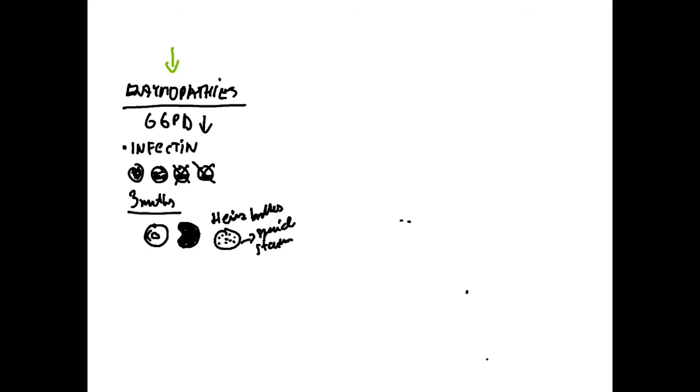And then the last one are hemoglobinopathies, and we already talked about this part, because the main example for the normocytic, normal size, normal volume anemia with hemoglobinopathy is sickle cell anemia.